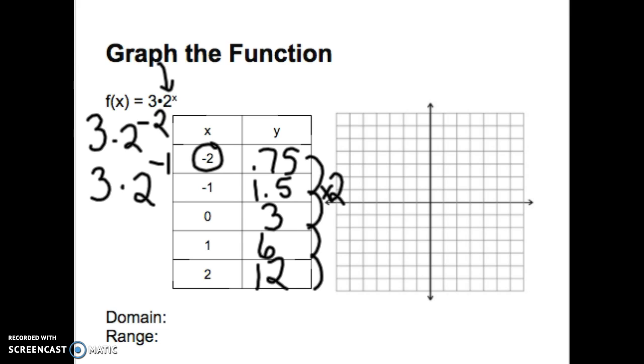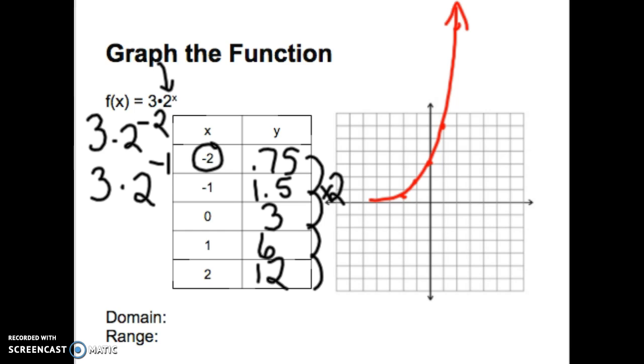So go ahead and plot these points on the graph. -1, 1.5 would be there, 0, 3, 1, 6, and 2, 12, which we'll estimate up there. And as you can see, we have our J-shaped graph like this.